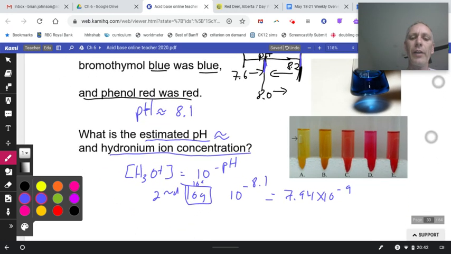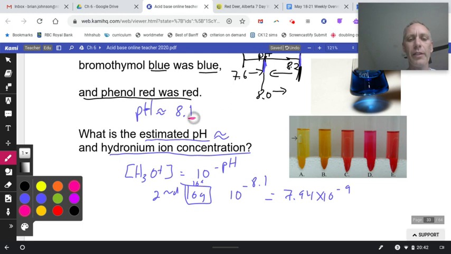Okay, almost done. We just have to figure out sig digs. This is a pH number, so on pH it's only after the decimal place. So 1 sig dig. On my hydrogen concentration, H3O plus or H plus, I forgot that we use this one as well in Chem 20. They're the same thing. In Chem 30 we call this H3O plus or hydronium, and in Chem 20 we call it the H plus ion.